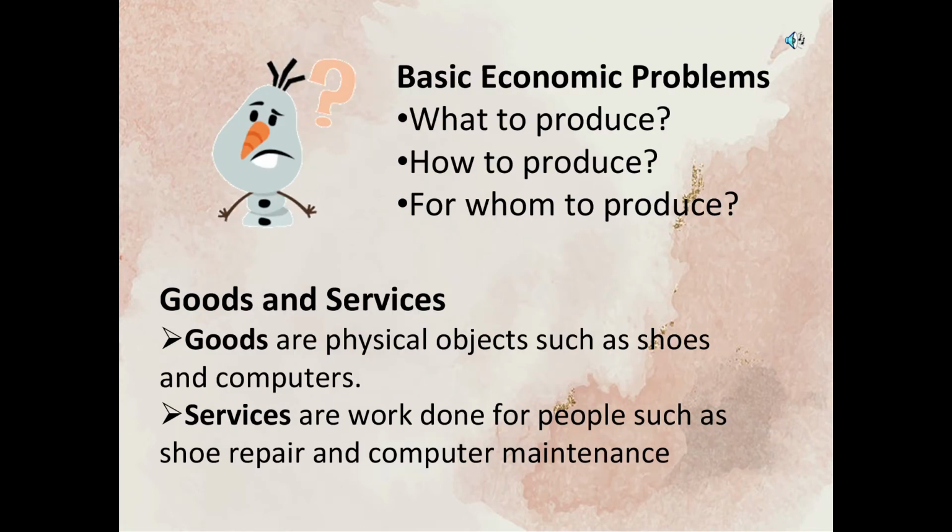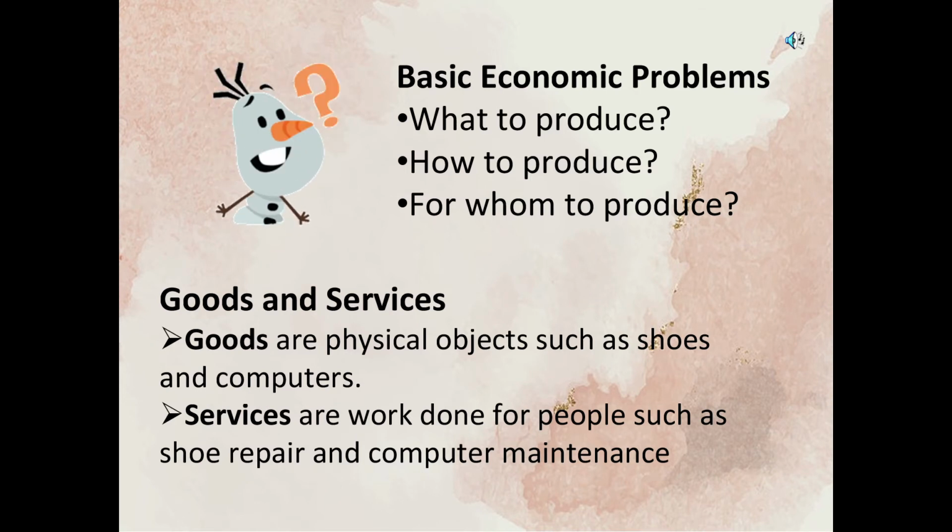In economics, we have these basic problems: what to produce, how to produce, and for whom to produce. First is what to produce. It could be those goods and services. Goods are those physical objects such as shoes, bags, computers, laptops, or any tangible objects.